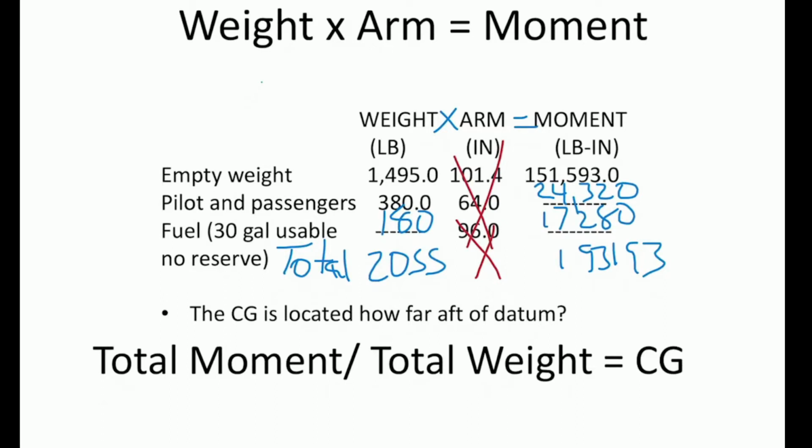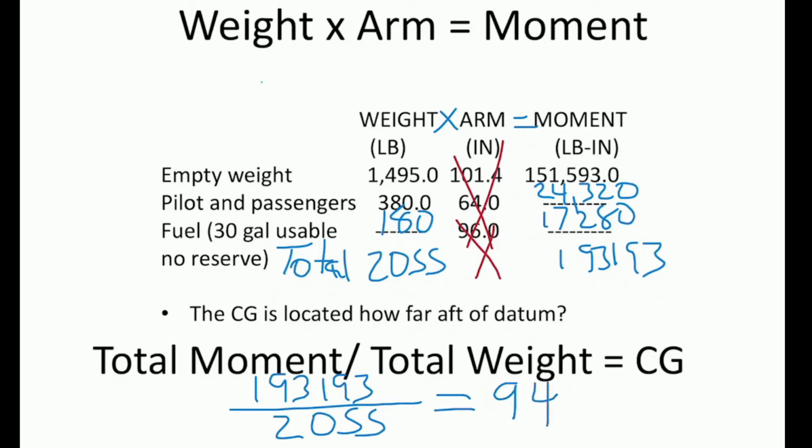So we take 193,193 divided by 2055, and that gives me the center of gravity of 94. So the answer is 94 inches. That's what your CG is.